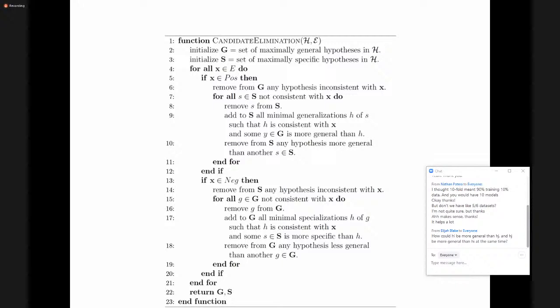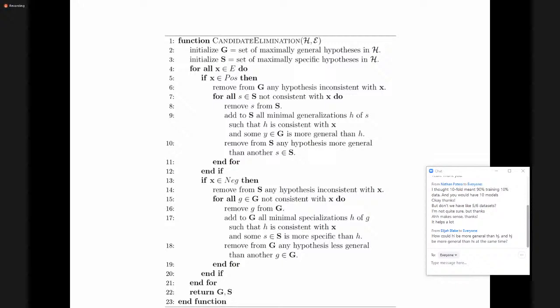Once we're done with that, we compare back to the hypotheses in G, and if there are any in S that are more general than G, we remove them because we've now crossed the boundary.